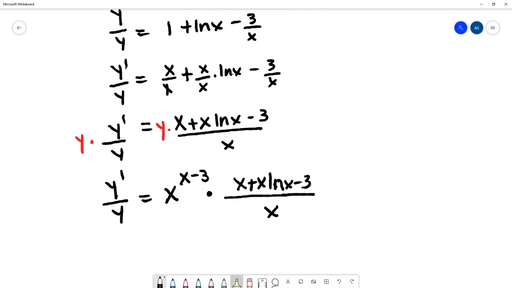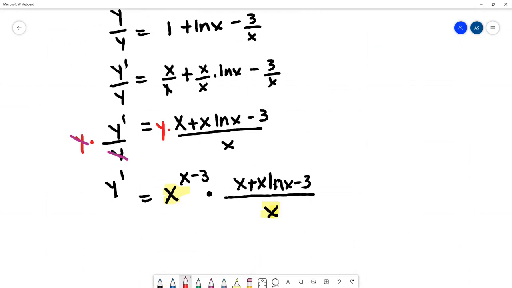The last thing that I'm going to do to simplify will be to combine these two because they have the same base. Over here these y's cancel. So I don't have this y in the bottom here. It's y prime equals x to the x minus 3 times x plus x ln x minus 3 over x.